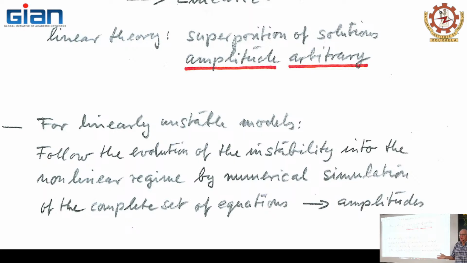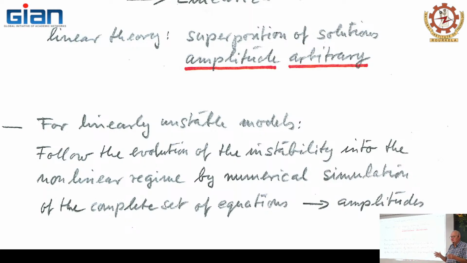This can only be done by numerical simulation. So we have to solve the full set of the equations which we have seen just before. There is no change in the equation.